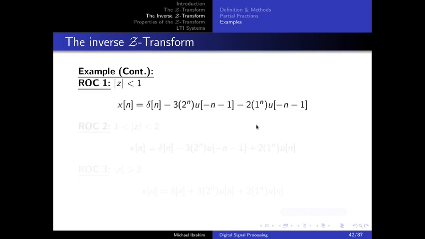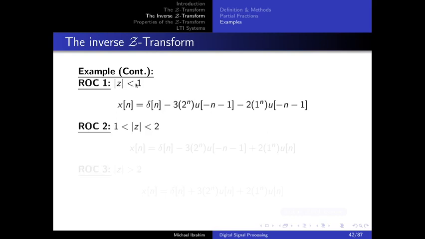So here we can see it clearly. The 1 is inverted to delta of n, the pole at 2 is chosen to be 2 to the power n, u of minus n minus 1, and the pole at 1 is chosen to be 1 to the power n, u of minus n minus 1. We have chosen the left-sided sequence because the ROC is going inward.